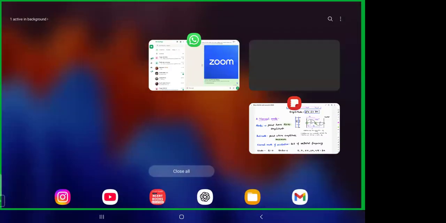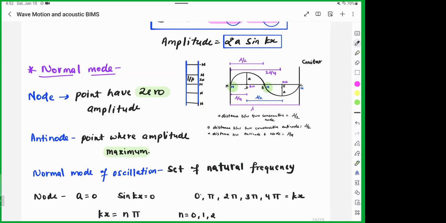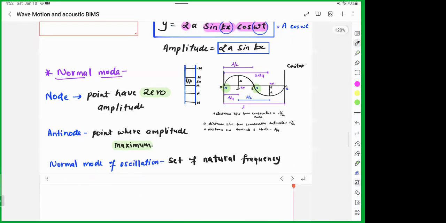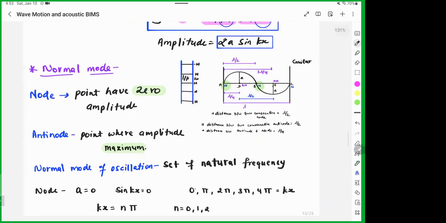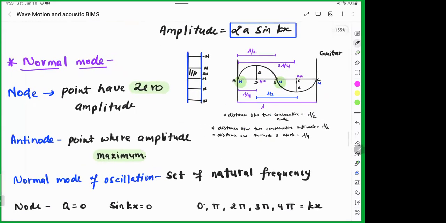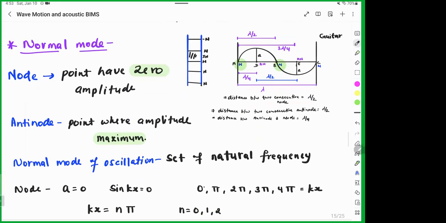Guys, tell me, is it easy to understand whatever I said? So, what happened? You can see whenever there is a node, your amplitude will be zero.